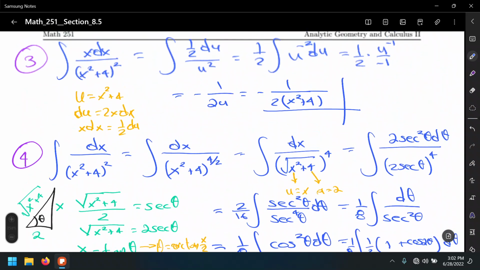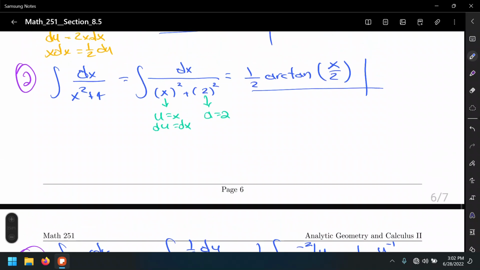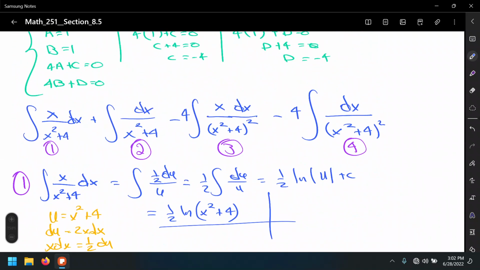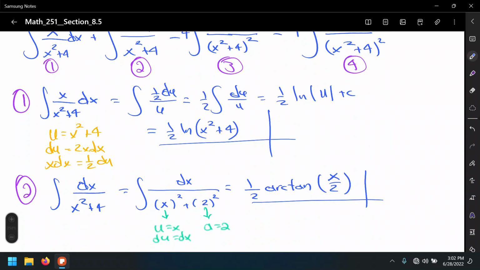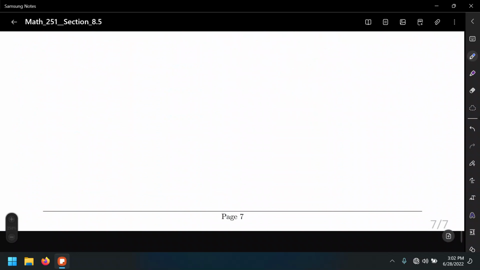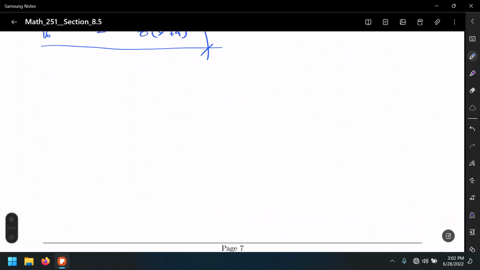Okay, let me just go back to the previous page where we set up the integrals right here. So that's integral 1 plus integral 2 plus integral 3, minus 4 times the integral 4. Okay, so the first integral, according to my notes, what did we get for that one?